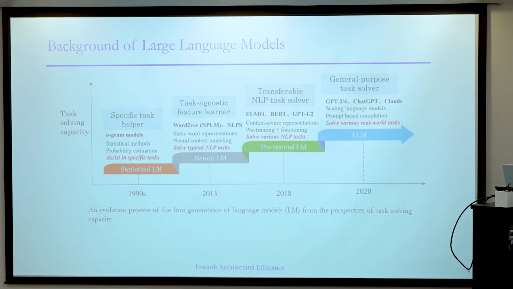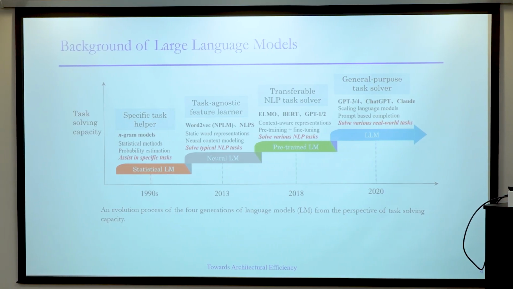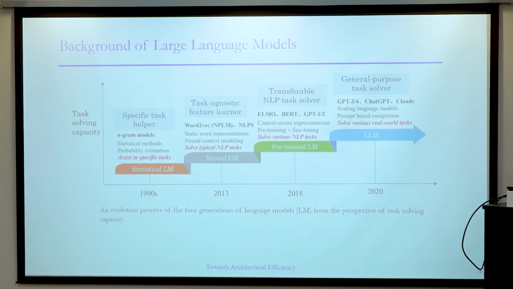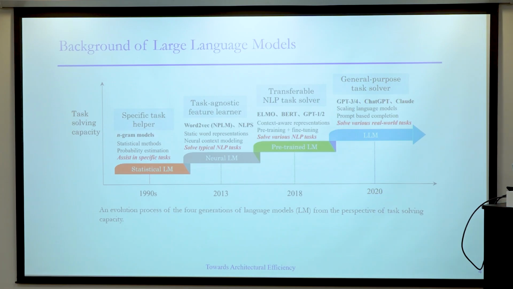So let's briefly talk about the background of large language models and a little bit of history of language modeling. Basically, it can be separated into 4 stages. In the first stage, we have specific task helpers, where there are n-gram models that focus on statistical methods for specific tasks. And in 2013, we have word vectors and neural probabilistic language models.